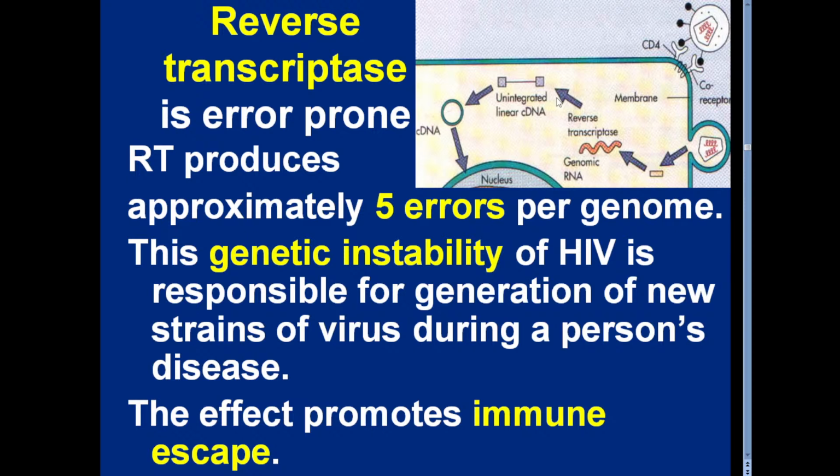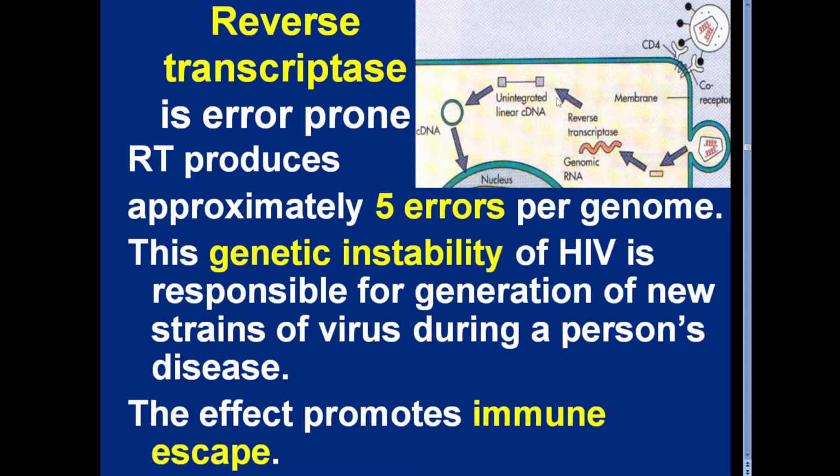Very many mistakes occur during this rewriting of information, and this is the reason for the genetic instability of HIV. There are very many variations of HIV, mutations, and new strains circulating in this population of viruses, and as a result in humans.